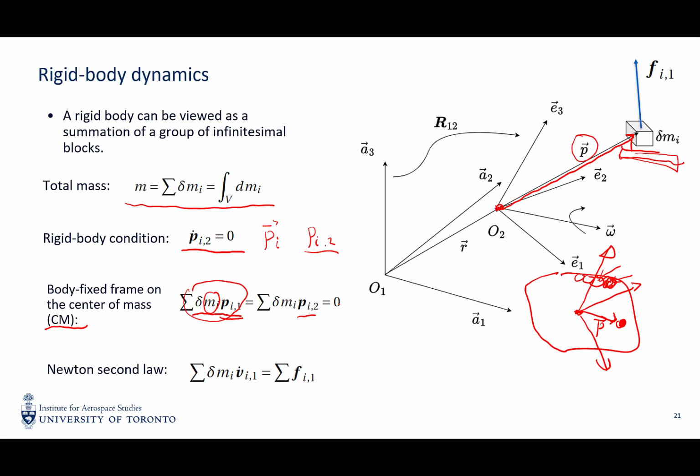So by applying the rigid body assumption and also the center of mass condition on the body fixed frame, together with Newton's second law for a system of point masses, we can obtain the rigid body dynamics for a piece of block.